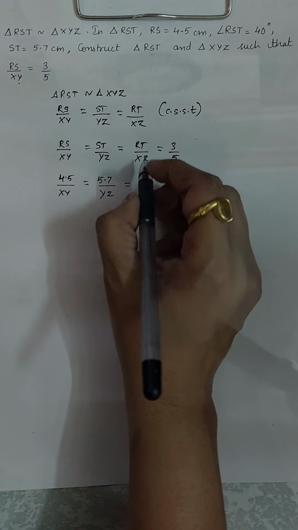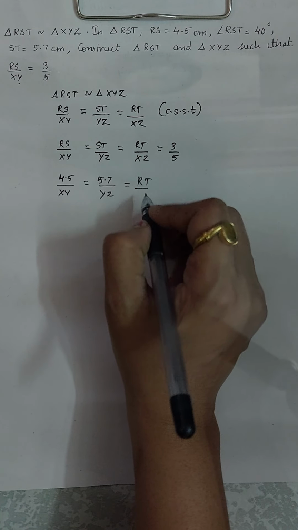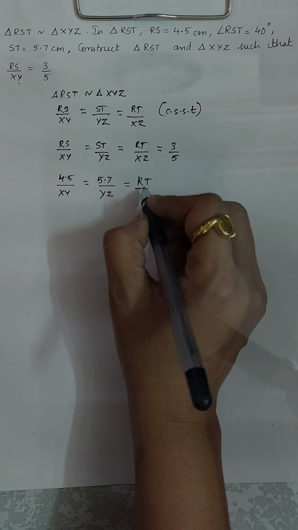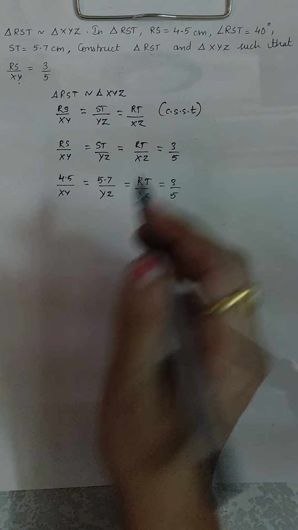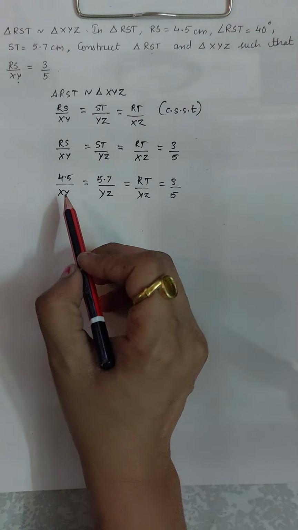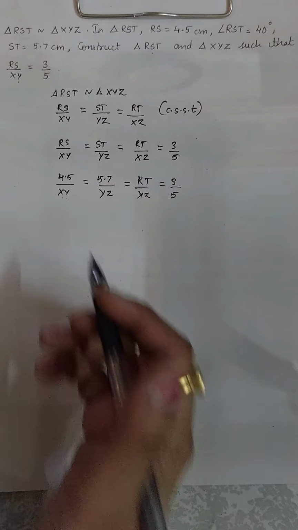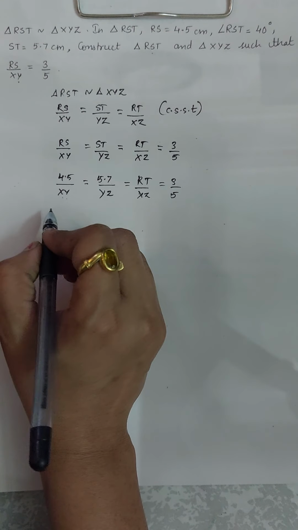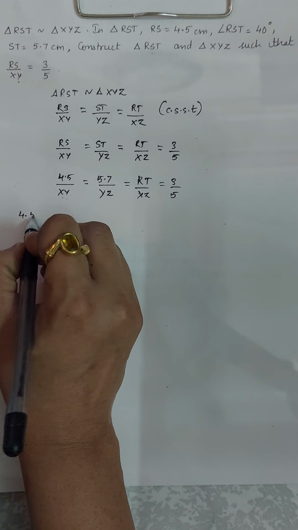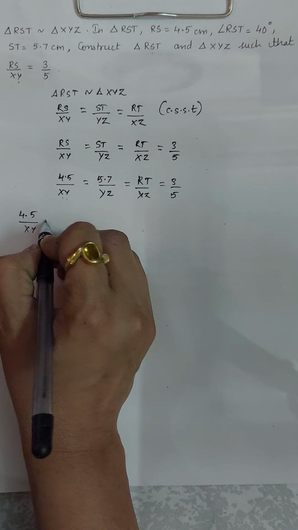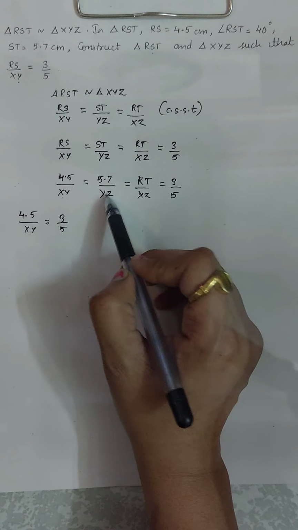RT we don't know, and XZ also we'll see later, is equal to 3 upon 5. Now if I take this and this fraction, I'll get the value of XY, right? So I will write down 4.5 upon XY is equal to 3 upon 5. Okay. Similarly, I'll take this and this fraction.